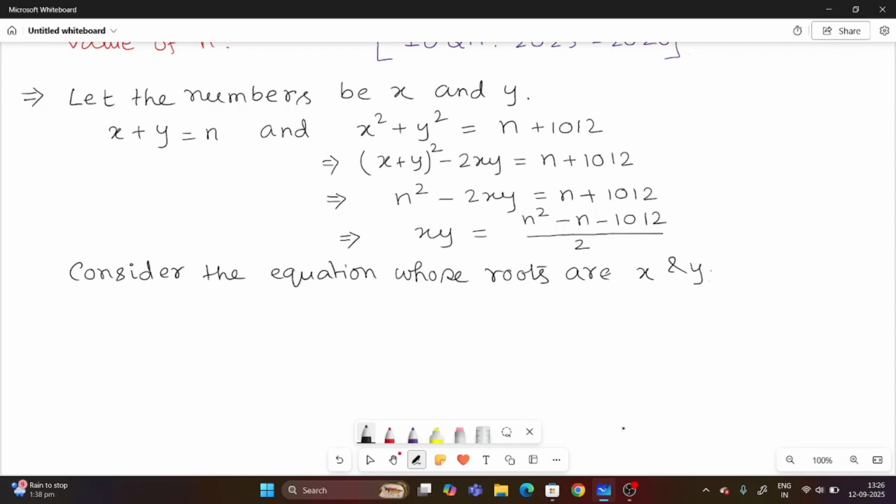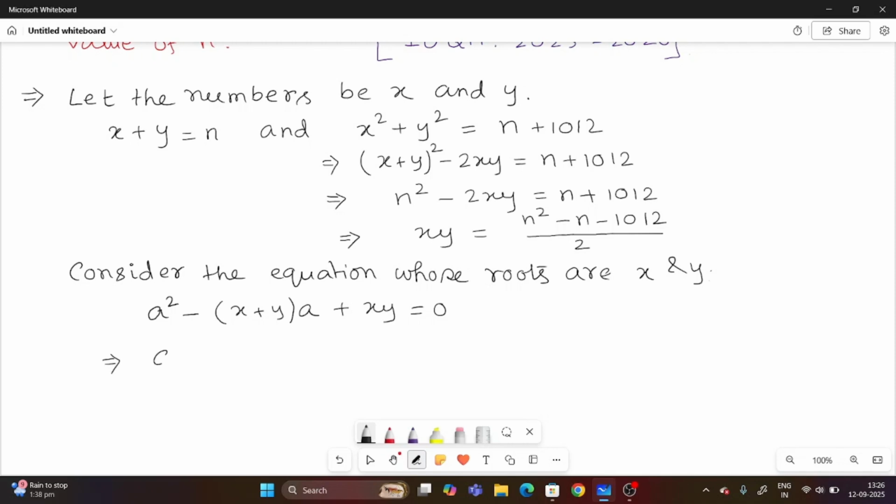So the equation is a square minus sum of roots multiplied by variable a plus product of roots, which is equal to 0. If x and y are the roots of a quadratic equation, then the equation can be expressed as a square minus sum of roots into a plus product of roots, equal to 0.